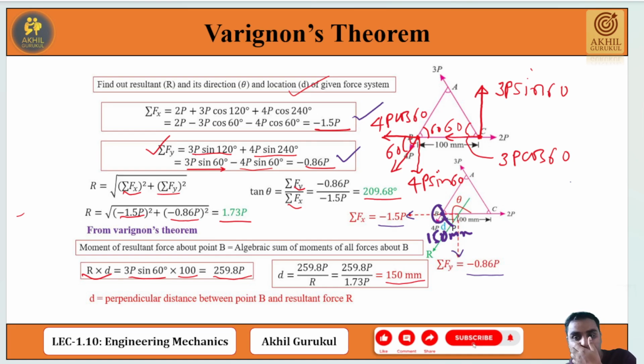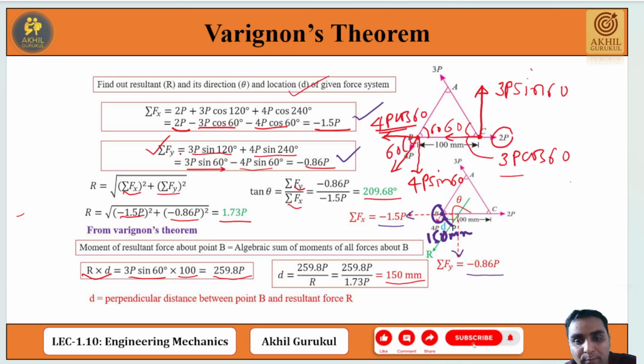So we can find the algebraic summation of all components in the x direction. In the x direction, all forces: 3p, then the next component, minus 3p cos theta, because it is acting in the negative direction. Here, 4p cos theta is also acting in the negative direction, so minus 4p cos theta. So it is equal to minus 1.5.